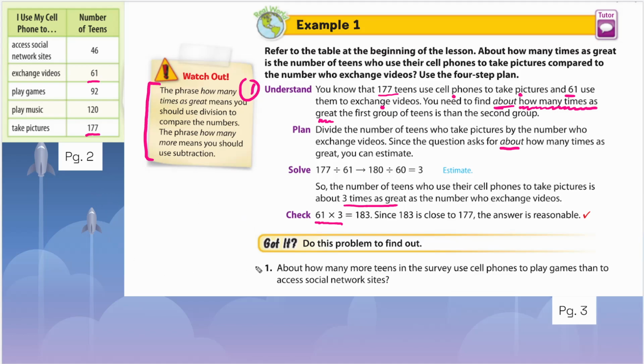Let's do it one more time together. About how many more teens in the survey use cell phones to play games than access social network sites? Again, we're looking at this word about, which means we're going to estimate. We're looking this time at playing games and social network sites. About how many more?